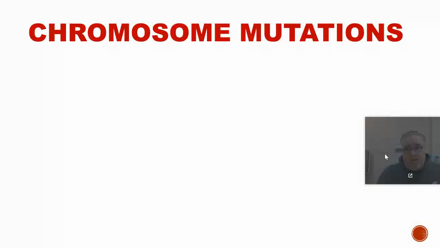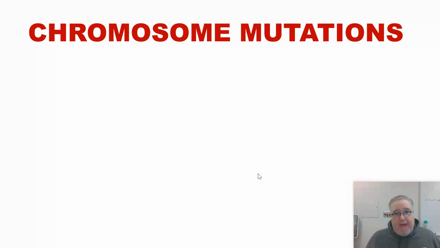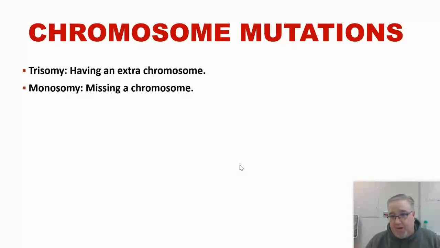Okay, so I want to talk a little bit today about some potential problems that could happen in this process. We said that two haploid cells combine to form a diploid cell, but occasionally there's some mistakes that can occur. These are called chromosomal mutations.